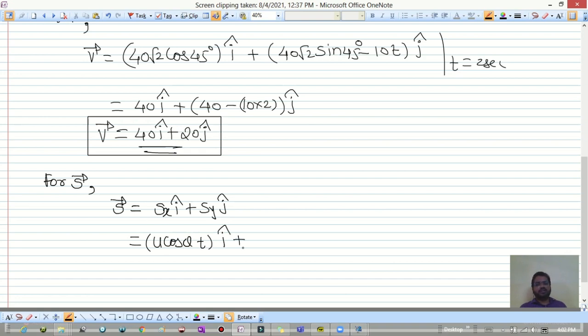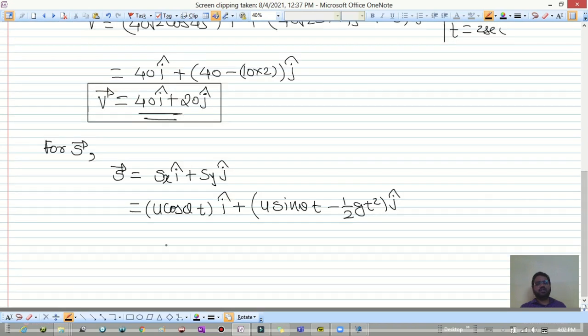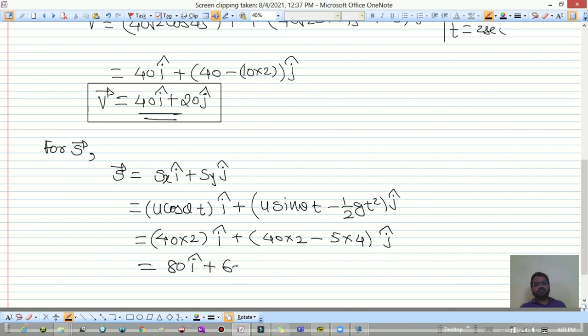This is in I hat, plus displacement along y-axis, which is u sin theta into t, that is the vertical direction initial velocity, minus 1 by 2 gt squared in j hat. Now put the values. It is 40 root 2 cos 45, which is 40 into 2, in I hat, plus 40 into 2 minus 5 into 4 in j hat. So if you just find this out, it is 80 I hat plus 60 j hat. This is the displacement vector.